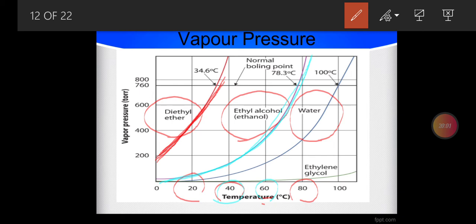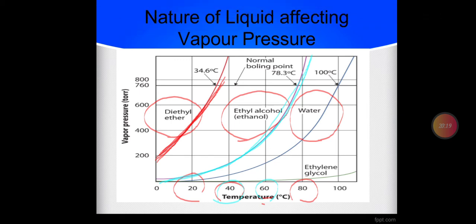So this means the more polar a compound is, the less vapor pressure it exerts even at high temperatures. Similarly, if the compound is less polar or non-polar, there is more vapor pressure, because more vapors can easily form and more vapor pressure is exerted.